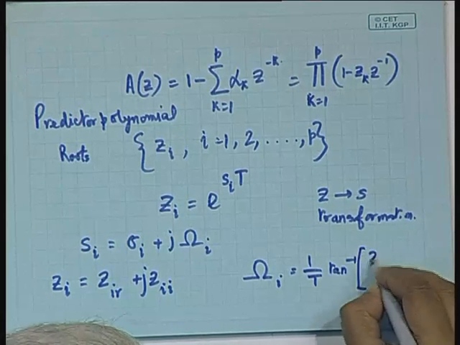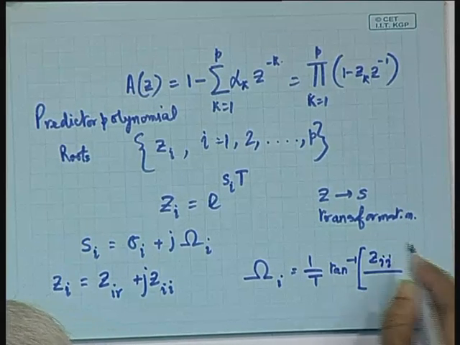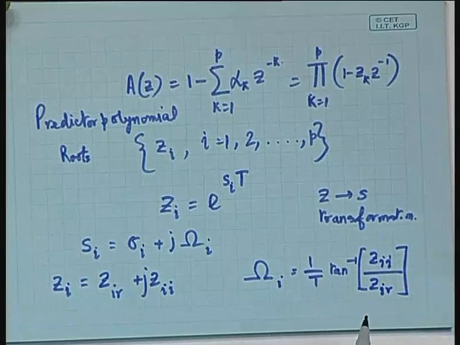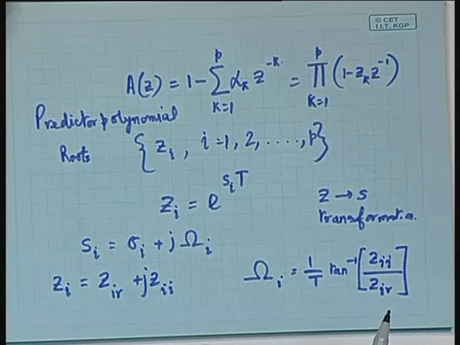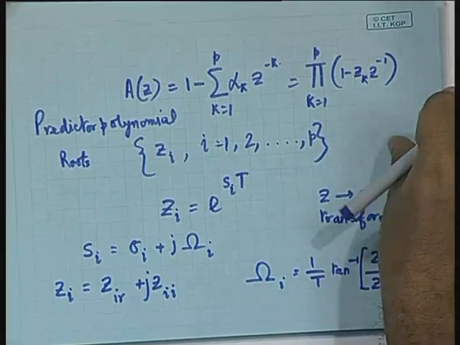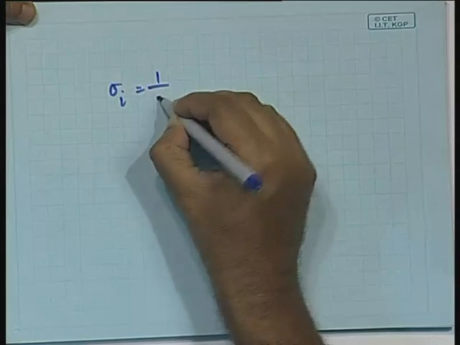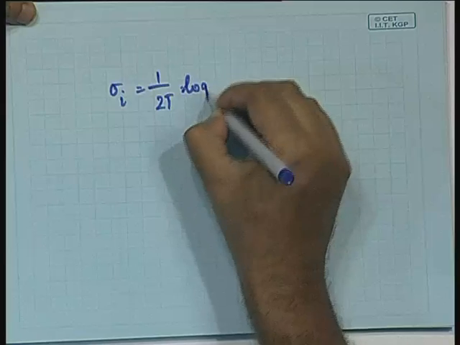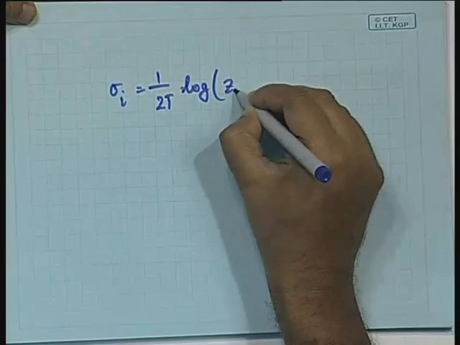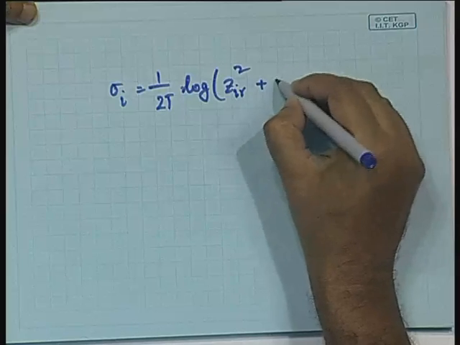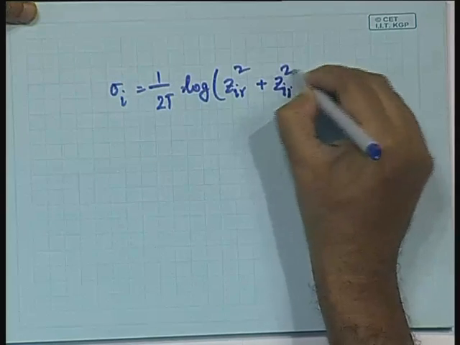And sigma i will be written as 1 upon 2T log of zir square plus zii square.